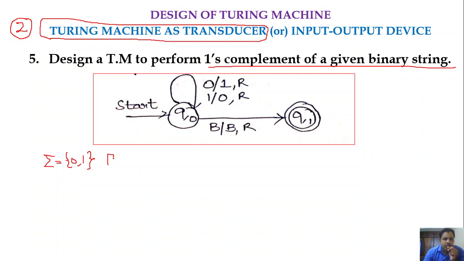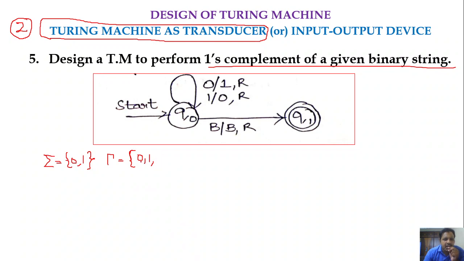Now what could be this tau? What are we going to write onto the input tape? We are going to write 0s and 1s. Generally the tape consists of input made of zeros and ones, so that's why we got 0 comma 1.